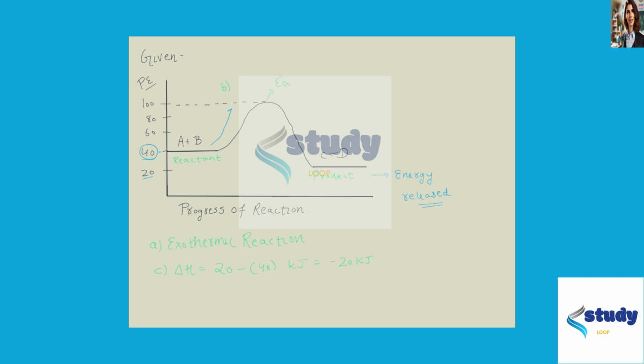So we can say that the energy of activation is 100 minus 40, that is 60 kilojoules. So this one is our fourth answer, that energy of activation is equal to 60 kilojoules. So these are our four answers.